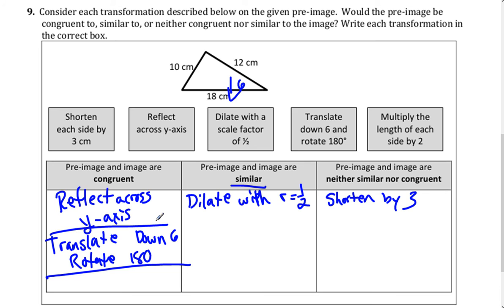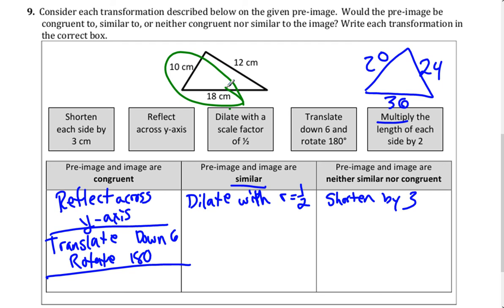Last, he says multiply the length of each side by 2. Okay, this might be one of those weird ones like this. So if I take each side and times it by 2, so you got 20, you got 36, you got 24. I got to check, is this similar? So I'm going to use those two sides, set up a nice pretty proportion. 10 over 18 equals 20 over 36.